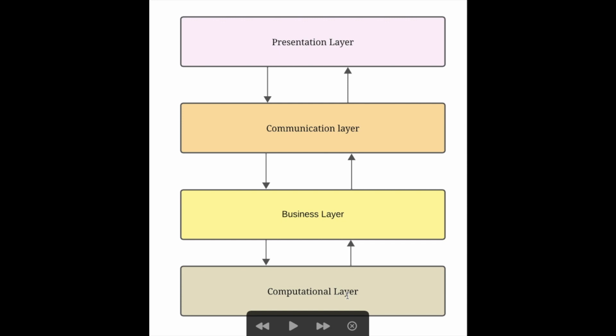It can be said to be the powerhouse of the server, which is doing all the signal processing and computation, and after that it will send data back to the business layer. The business layer then sends data back to the communication layer. The communication layer will take it to the presentation layer. We are getting data in the presentation layer from the server that we saw earlier.